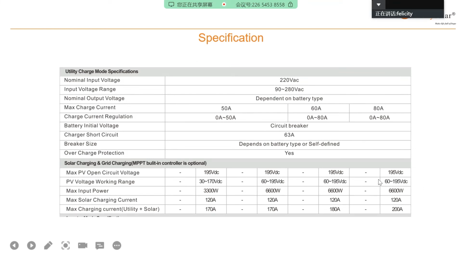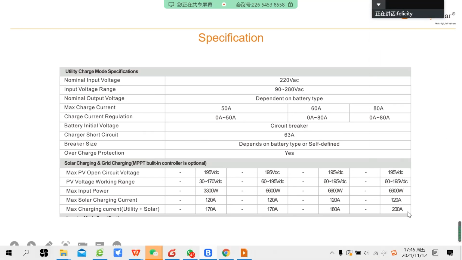IVPS doesn't have it; IVPM has these parameters: solar input, PV input voltage, input power, and this one is charging current 120. Because only IVPM has the built-in MPPT, only IVPM can have these parameters.